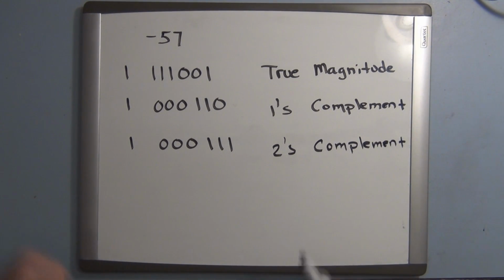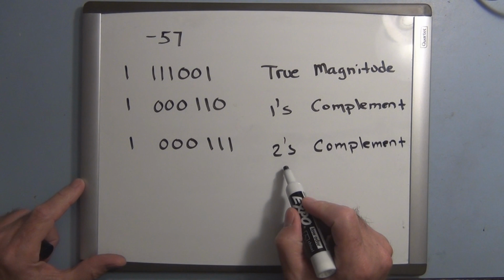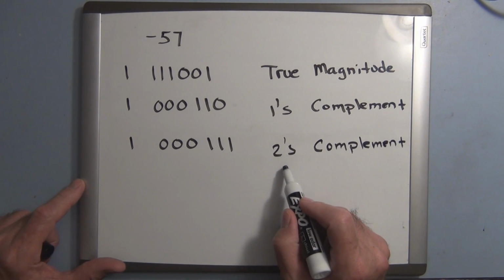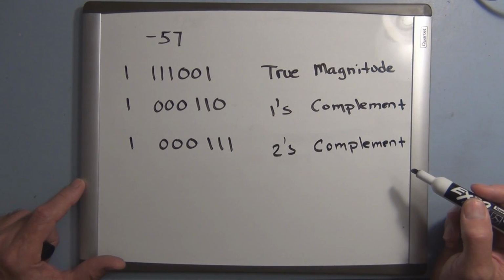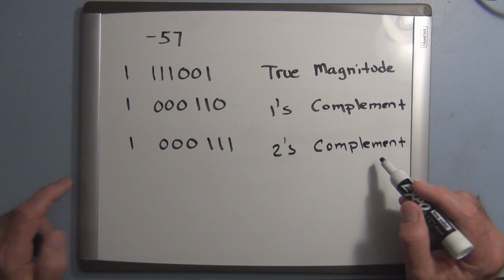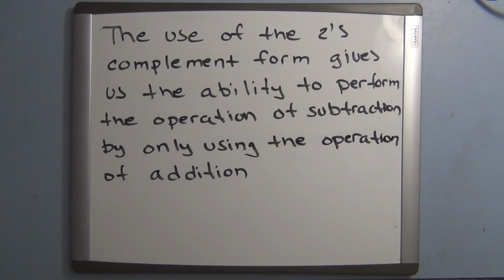Now we're going to concentrate on using the 2's complement form of negative numbers because it has advantages over these other two forms of representing negative numbers that we'll show in a minute. The advantage of using the 2's complement system is that it gives us the ability to perform the operation of subtraction by only using the operation of addition.